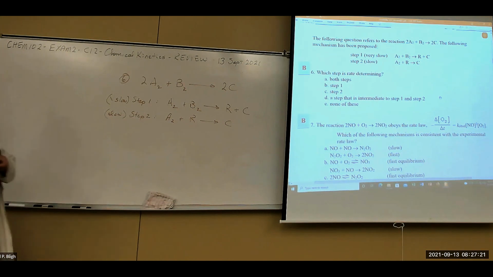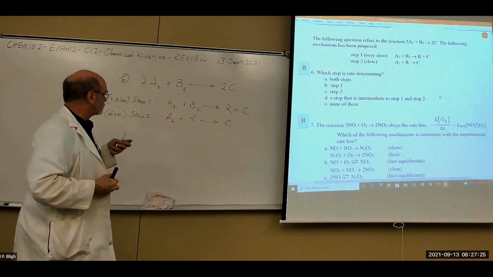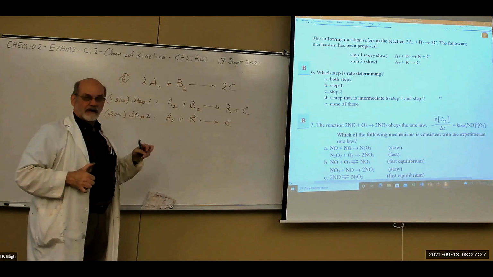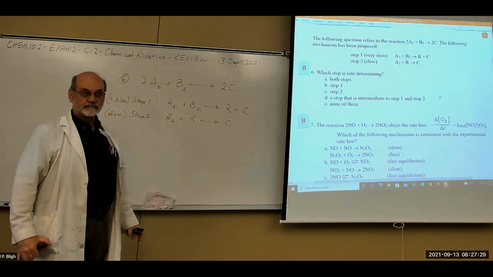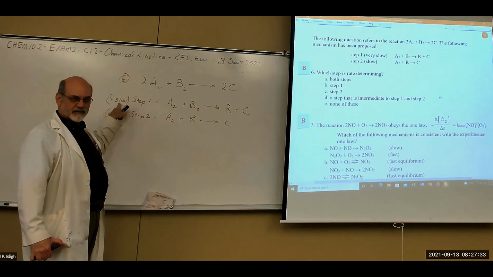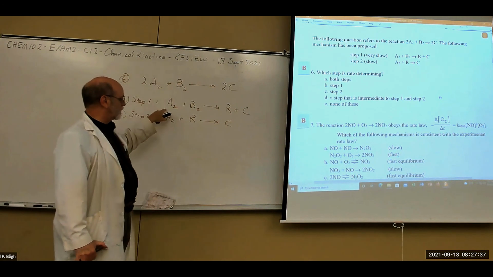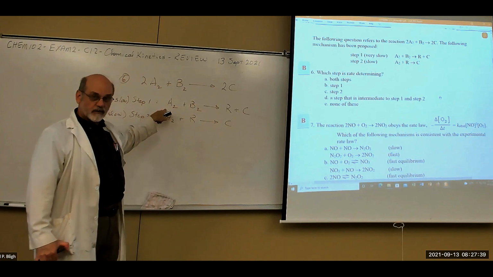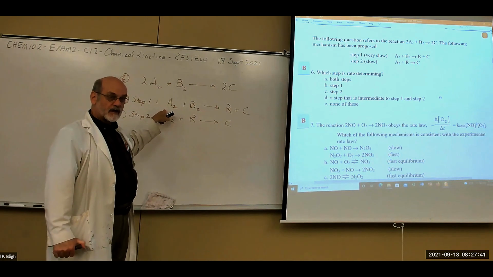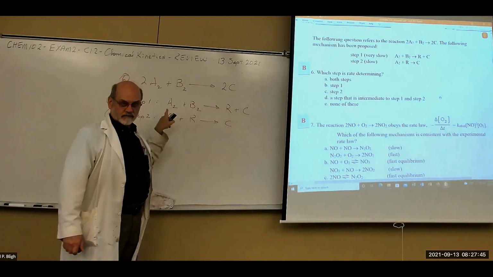If we wanted to write the rate law from this mechanism, where would we start? The slowest step is the rate determining step. So we would start with this one. And remember, in elementary steps, you can write the rate law from the balanced equation.